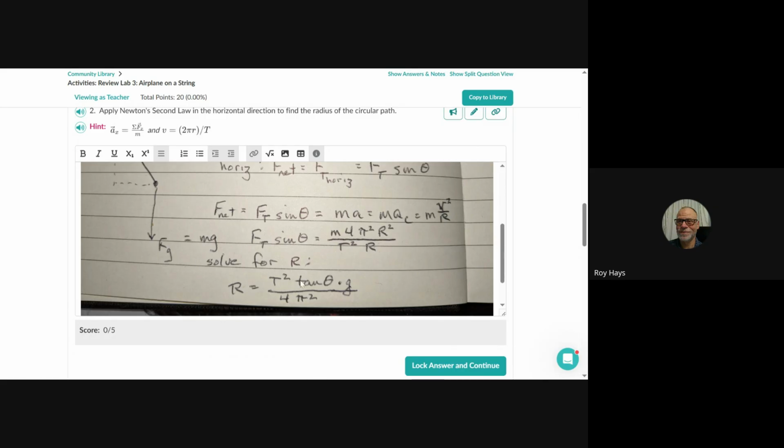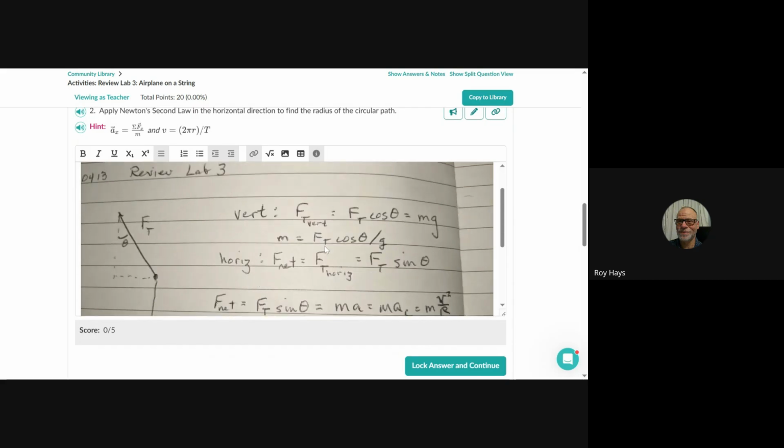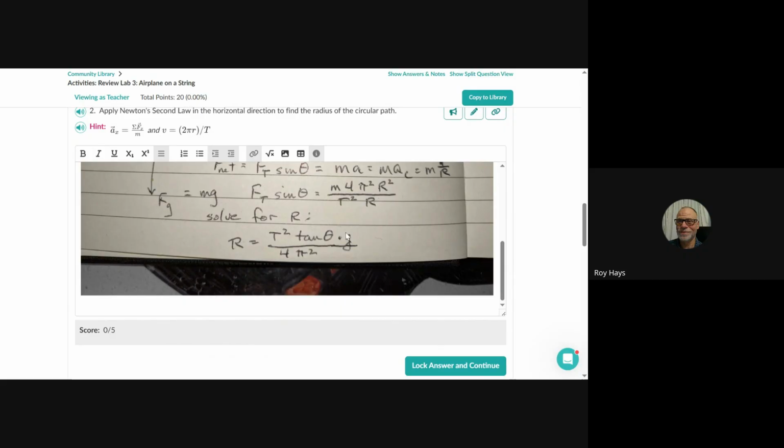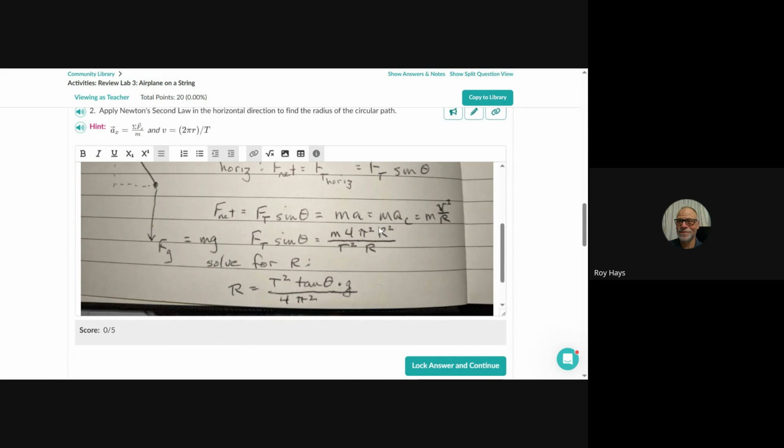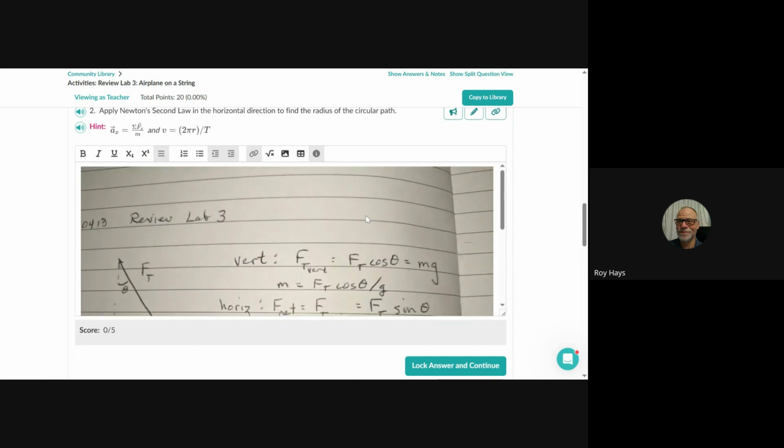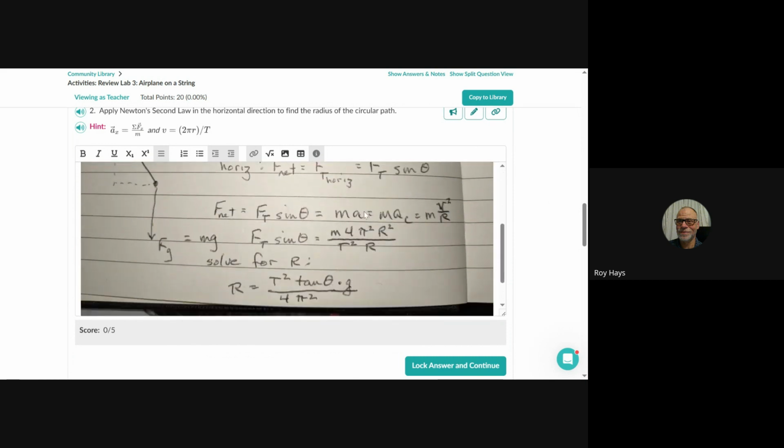If I solve this for r, making the substitution from above that mass was the tension times the cosine of theta divided by g, I end up with a radius of T squared times the tangent of theta times g divided by 4 pi squared. If you plug all of that in, you would estimate a radius of about 0.39 meters.